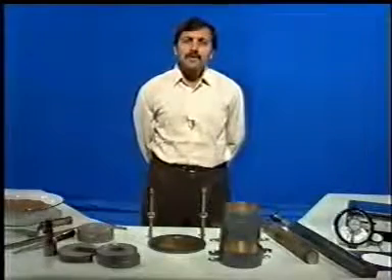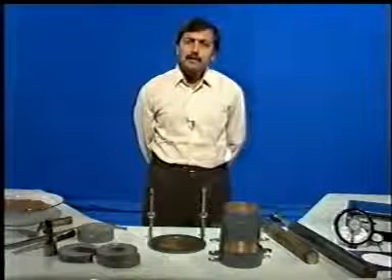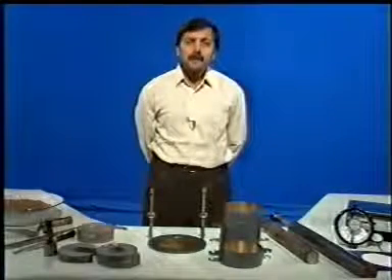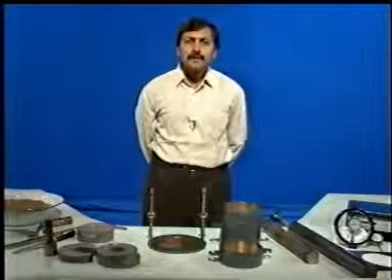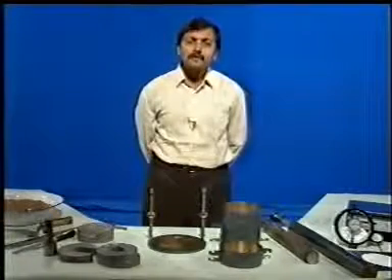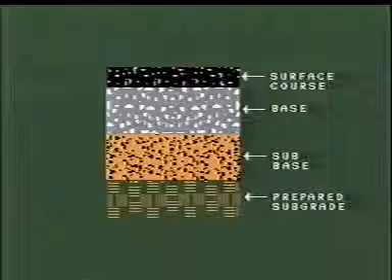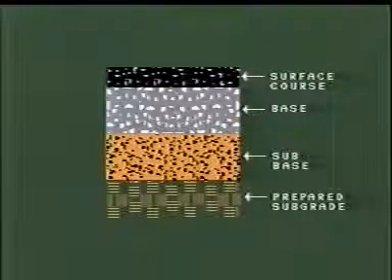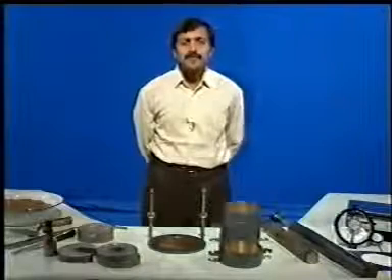California bearing ratio value test was developed by California State Highway Department of USA for evaluation of subgrade strength of highway and airfield pavements. The test is commonly known as CBR test.